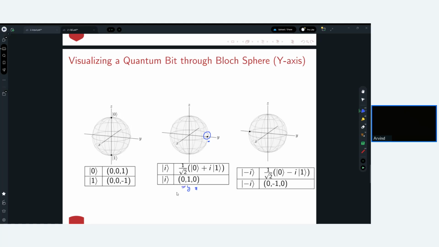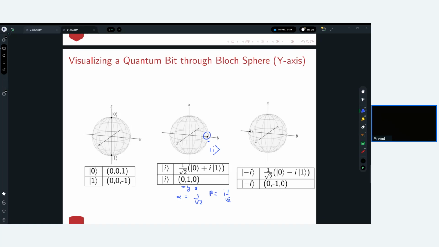This point is known as qubit i, and its alpha value is 1 upon square root of 2 and beta value is i times 1 upon root 2.